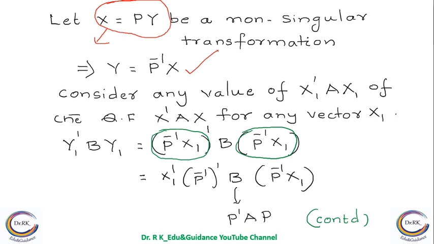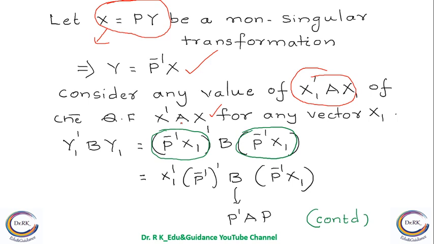So now let us take some value, for one particular value we will take a particular vector. Consider just one value from the first quadratic form, that is X transpose AX, out of which we are taking x1 transpose A x1. Right?